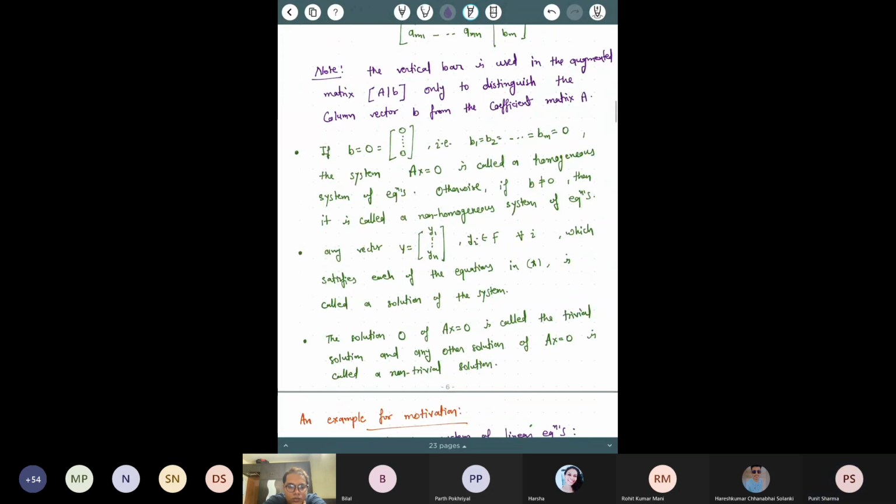And any vector y that satisfies this system of equations is called a solution of the system of linear equations. Okay, so clearly a homogeneous system always has a solution, the zero solution. The zero solution is called the trivial solution because every homogeneous system has this solution. Otherwise it is called a non-trivial solution.